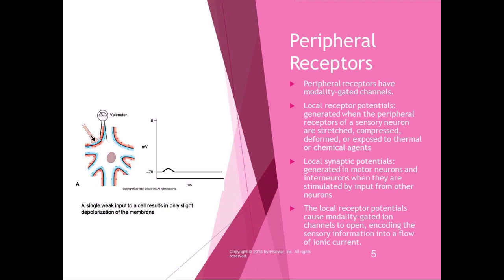In other words, neurotransmitters binding to their ligand-gated channel receptor sites. So local receptor potentials cause modality-gated channels to open, and they encode that sensory information into a flow of ionic current. That's one of the things that neurons do: they encode information, they transduce it into electrical energy that the nervous system can understand.